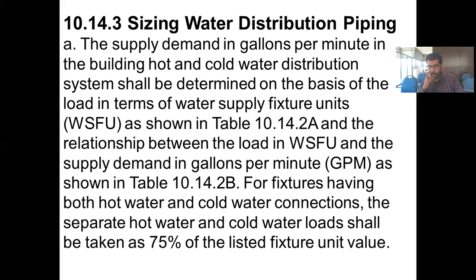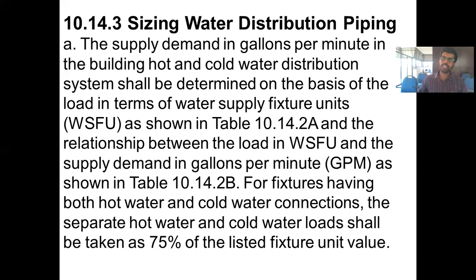What it says is that the demand, or the amount of water, is in gallons per minute, so the unit is GPM. The supply demand, the discharge that you need, the unit is in gallons per minute.